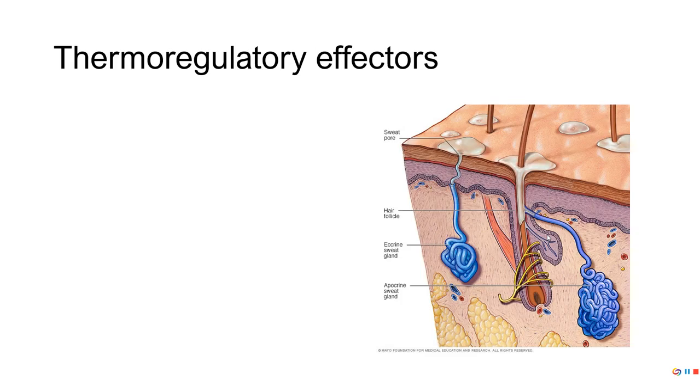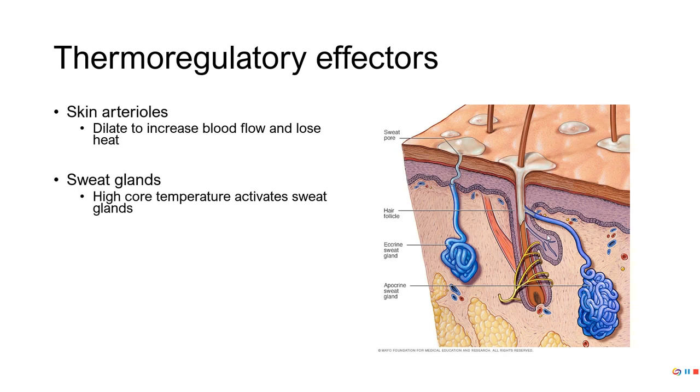A couple of things happen, and this will lead very nicely into our heat unit. When it is hot, the arterioles in our skin dilate. This causes you to increase blood flow, and just that will allow you to lose heat because you've got those blood vessels close to the skin, and that heat can dissipate. At the same time, the sweat glands are also activated.